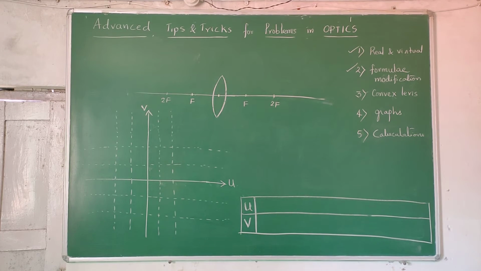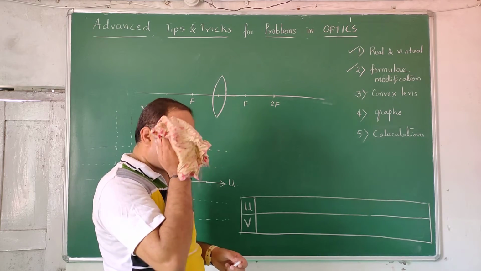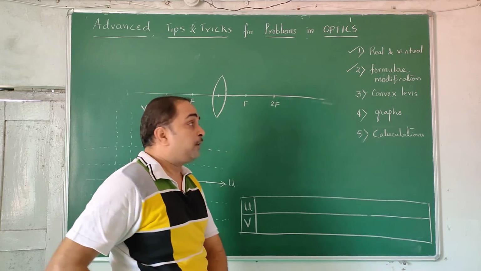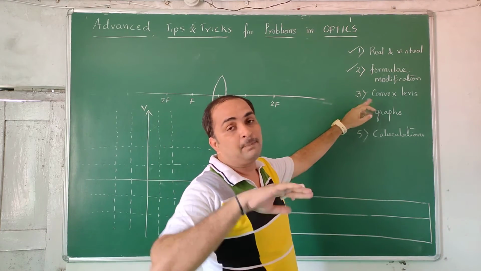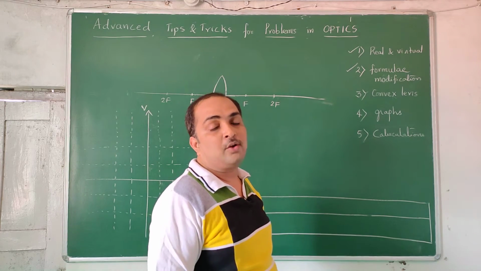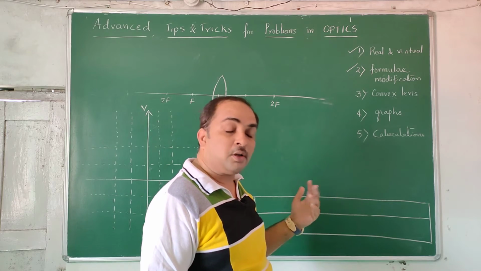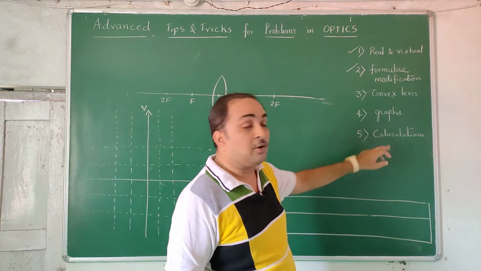Yes students, I am going to teach you now a little tough topic, in the sense that what you learnt at lower levels is not sufficient, because of the advanced topic I already told. Now I am talking about the convex lens. What I teach here, I will just duplicate for the concave lens, convex mirror, concave mirror. First we understand the convex lens and its graphs, calculations and tabular columns.